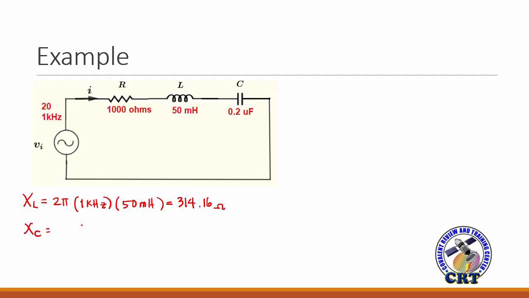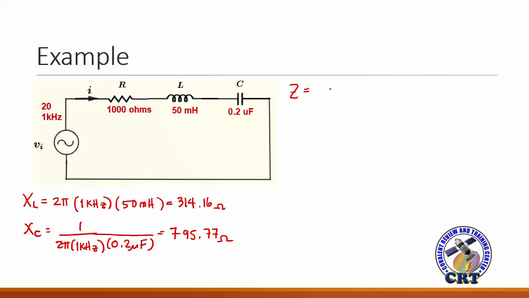For XC, this is 1 over 2 pi times the frequency 1 kilohertz times the capacitance 0.2 microfarad. So let us solve XC. This is equivalent to 795.77 ohms.